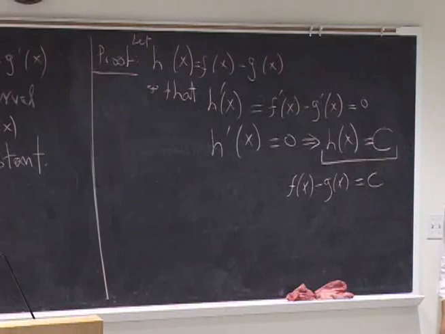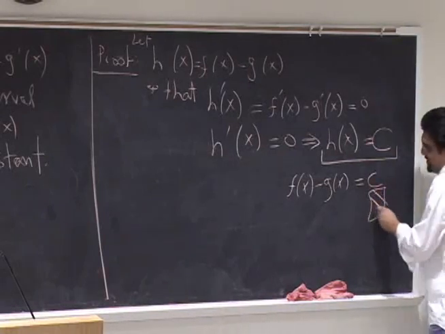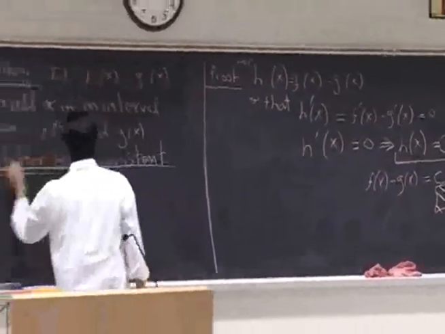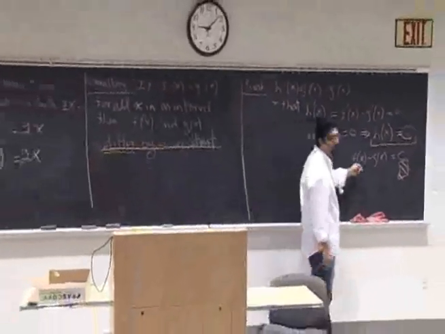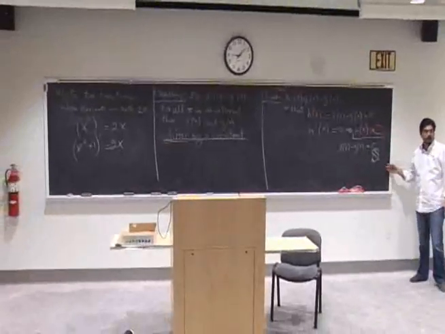And then? That's it, thank you very much. That f and g differ by a constant, yes? And that's what we're doing. We're showing f and g differ by a constant.